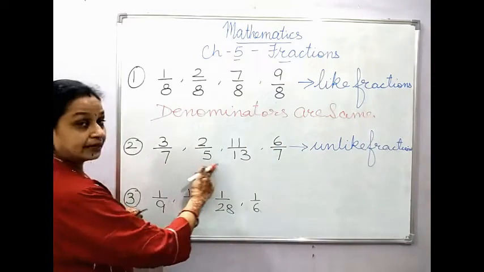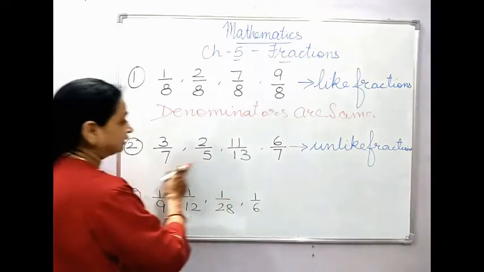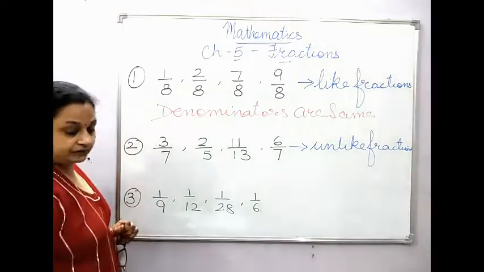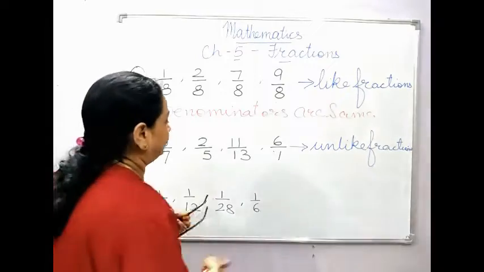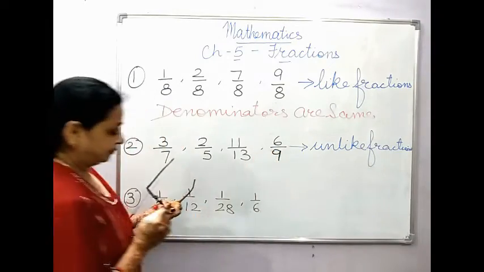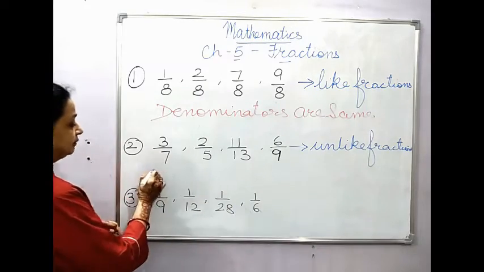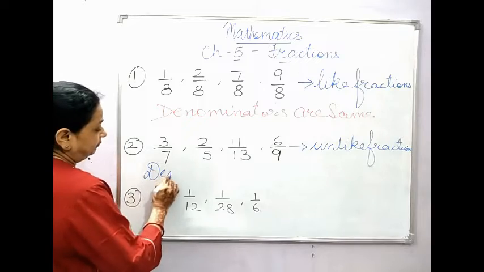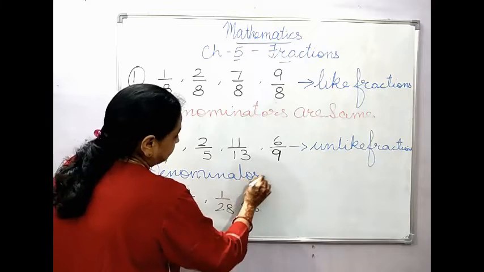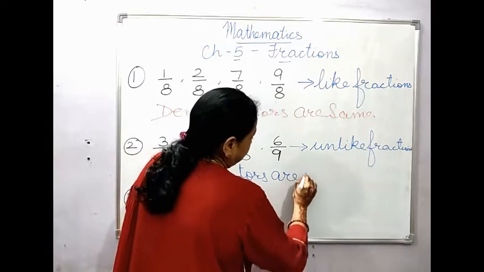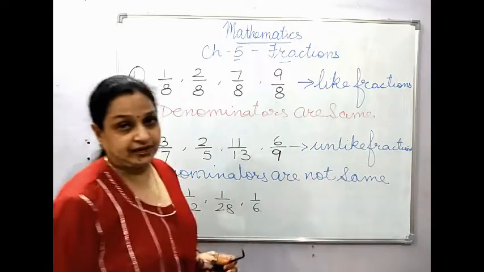Unlike, in all these, see, here it is 7, here 5, 13 and 9. I made it a 9 over here. In all these, the denominators are not same. Such fractions are called unlike fractions.